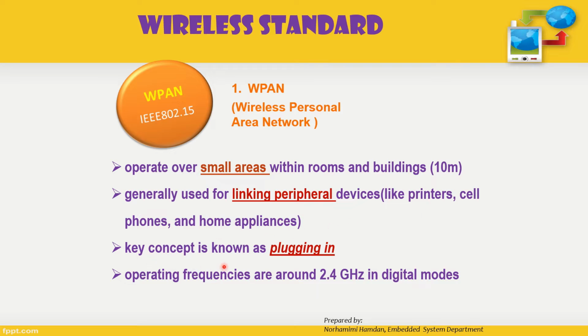The key concept is known as plug in. So you just plug in your printer and plug in your adapter with your personal computer, and then you can have the communication. It also has an operating frequency of 2.4 gigahertz in digital modes.